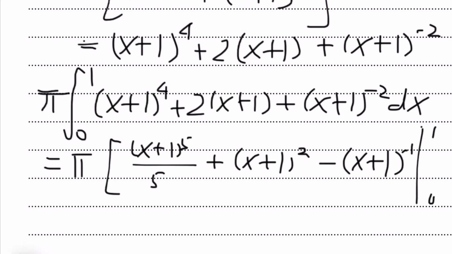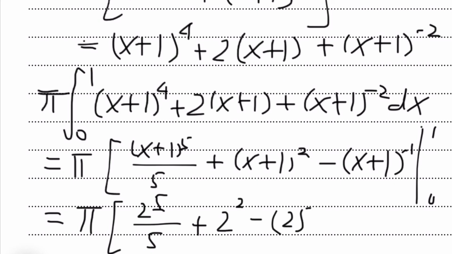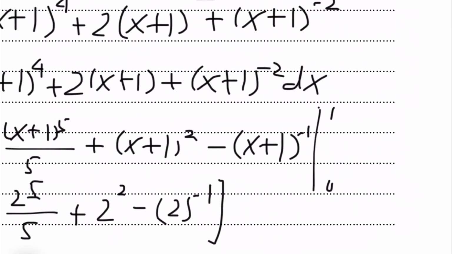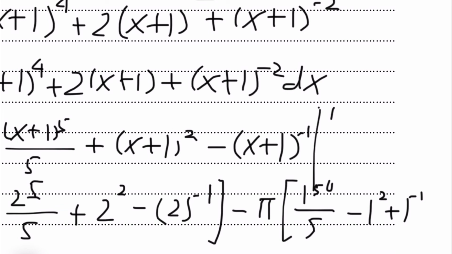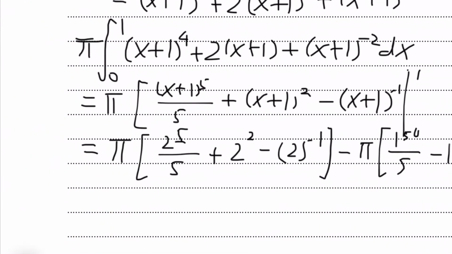Now substitute x with the number 1, so you will have pi, this will be minus pi of 1 to the power of 5 divided by 5, 1 squared plus 1 to the power of negative 1, and that will give you 9.7 pi.